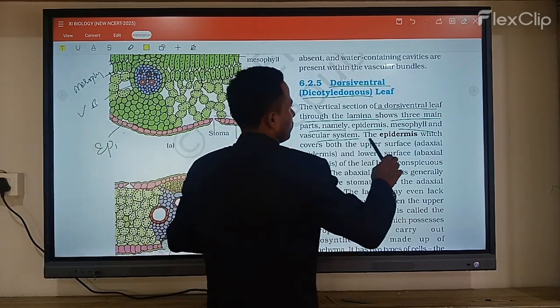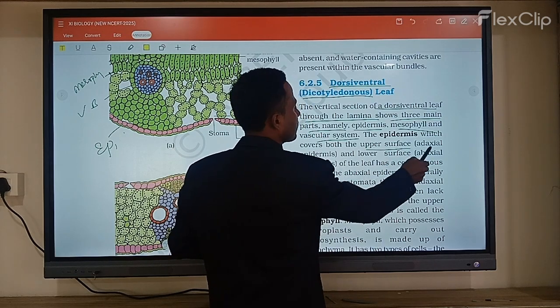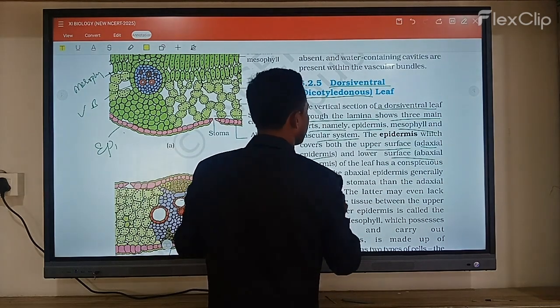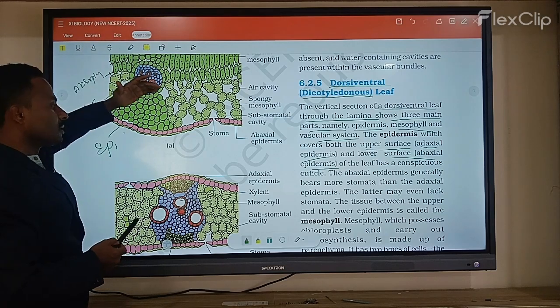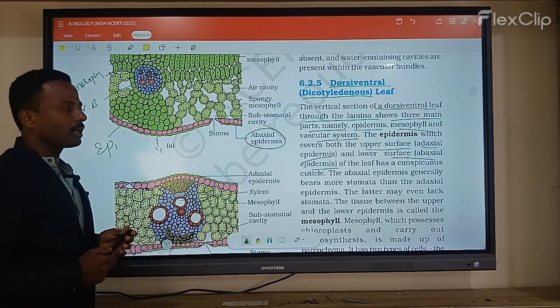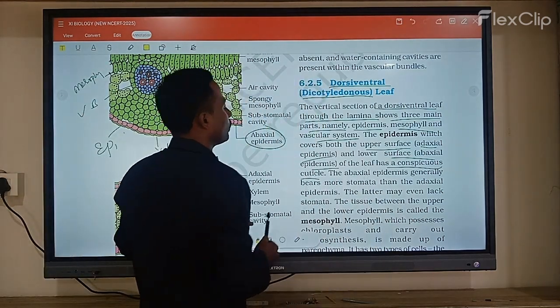Now the epidermis covers both surfaces. The upper surface is the adaxial epidermis, the outermost layer, and the lower surface is the abaxial epidermis. The leaf has a conspicuous cuticle layer.